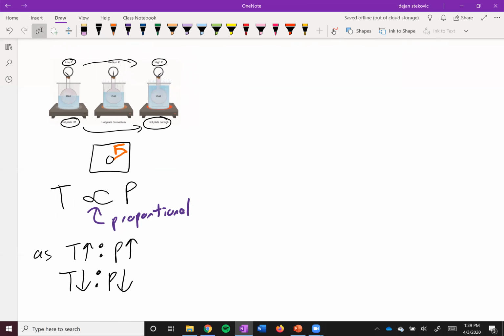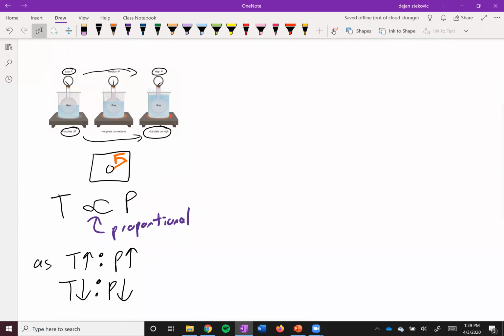So we can take a similar example to this one on the left here, but this time the lid can be moved, the volume can be changed. So what we're talking about here is a piston. So this piston is free to move up and down. And inside of here we have some kind of gas.